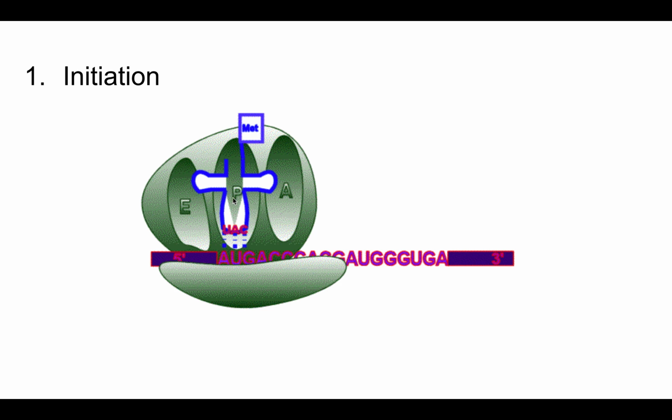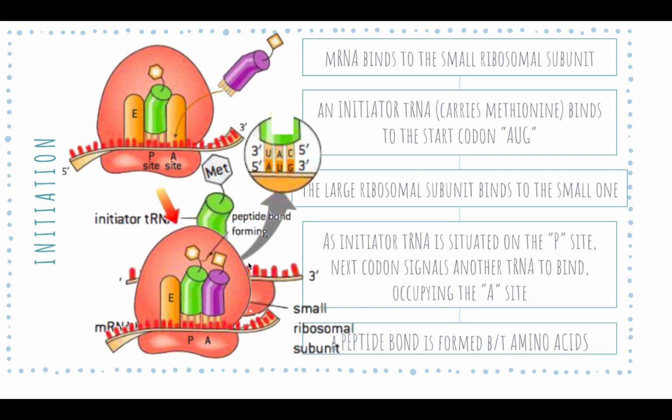If it does, the tRNA is located in the P site of the large ribosomal subunit. What happens? The mRNA binds to your small ribosomal subunit. It locates the AUG codon. After binding, the large ribosomal subunit comes in, and the tRNA is now situated in your P site.